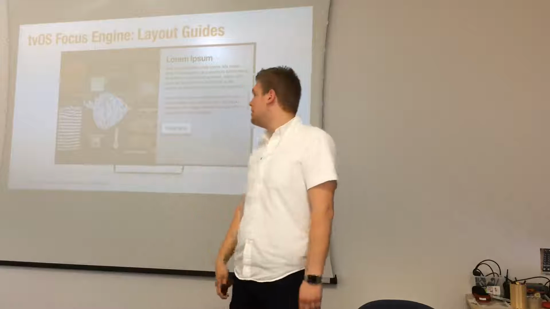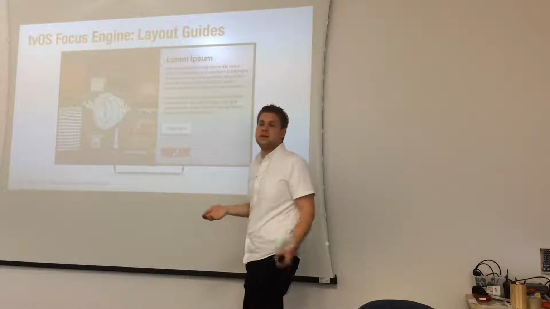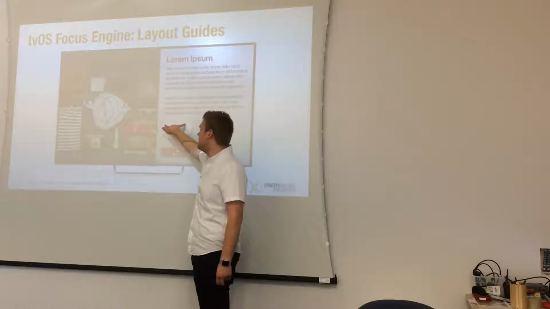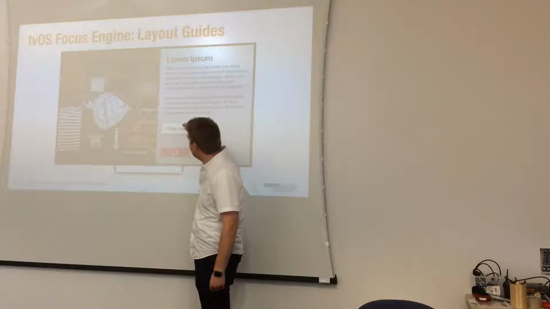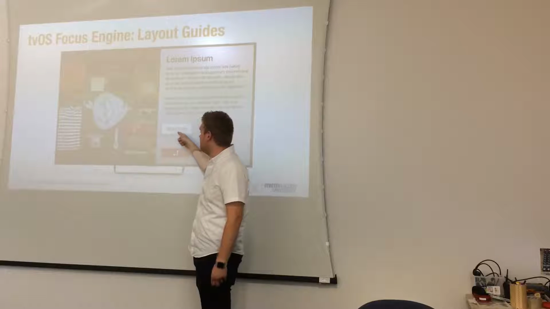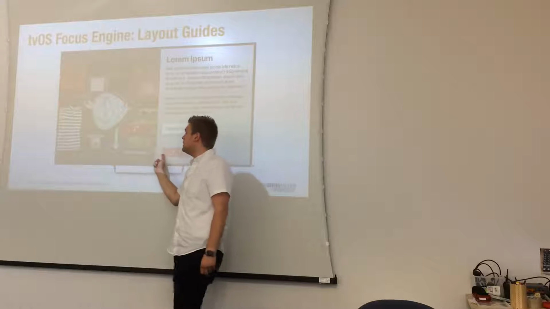So what we do now is we add layout guides. These are basically like invisible views that occur in the channel of one button here. So if I would now go down, this thing would find the layout guide and reroute the input to this button.